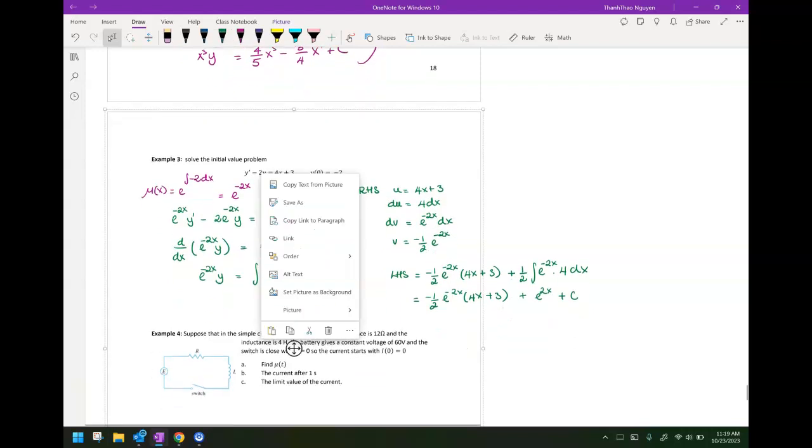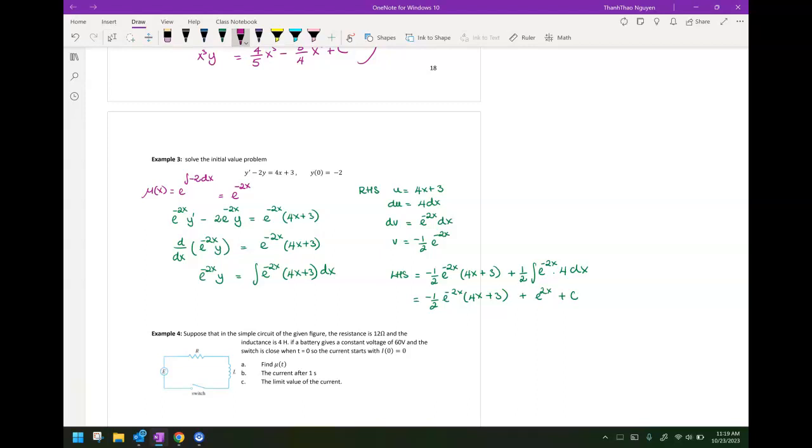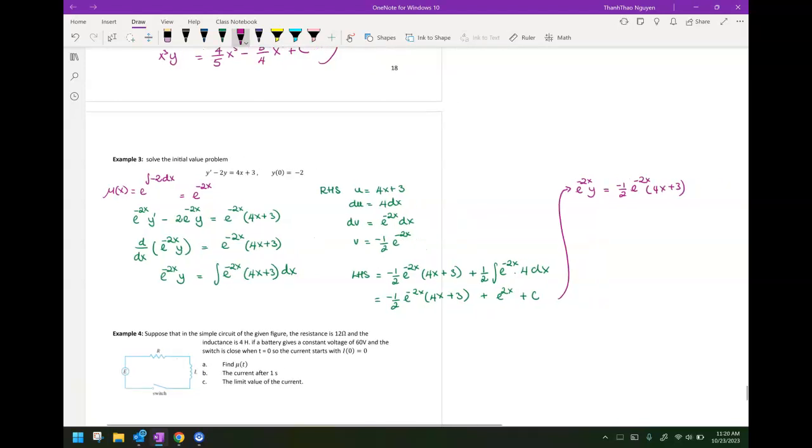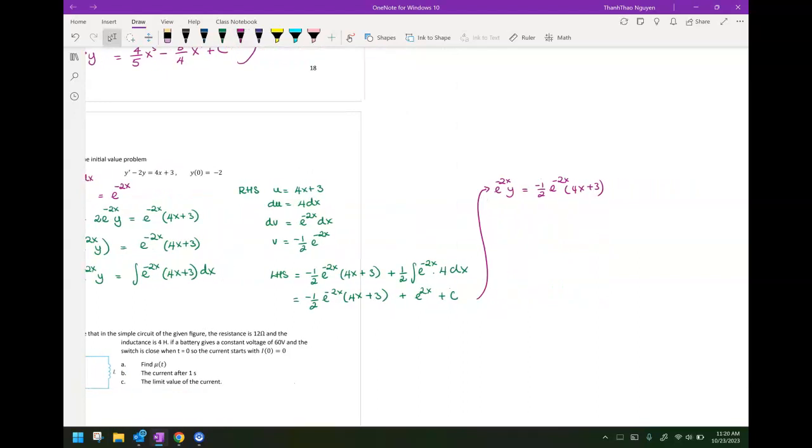So put the left hand side and the right hand side together. So e to the negative 2x times y is equal to negative 1/2 e to the negative 2x times 4x plus 3 plus e to the negative 2x plus c. Divide both sides by e to the negative 2x.